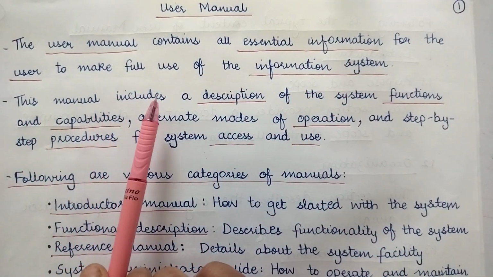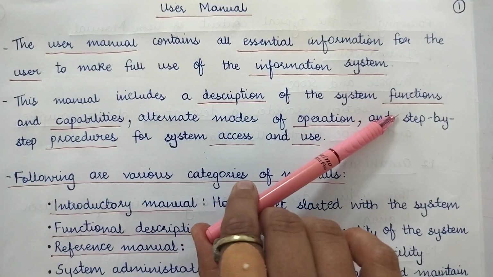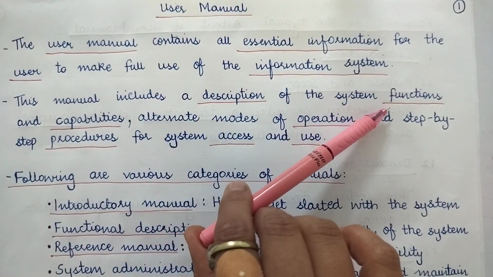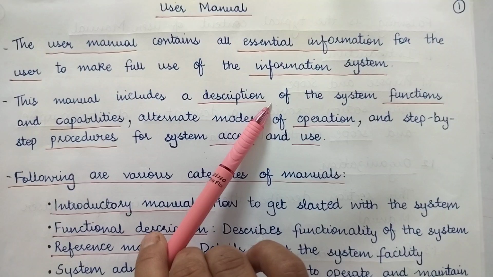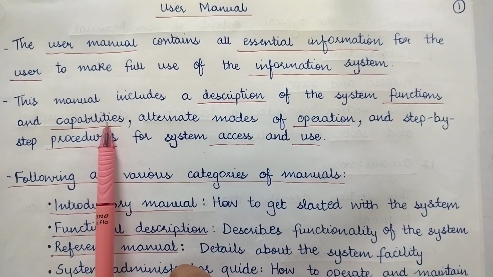Now this information includes a description of the system functions, whatever are the functionalities provided by the system. It would contain a description of all those functionalities. Whatever are the capabilities of the system, it would provide a description of all those capabilities.